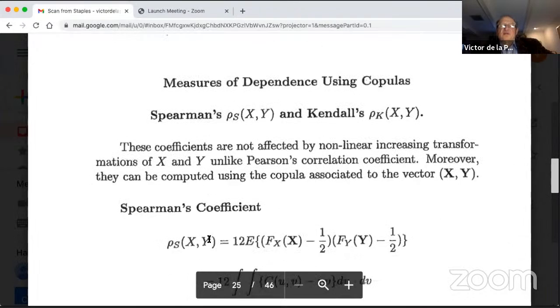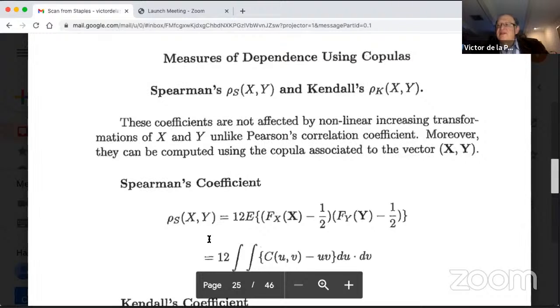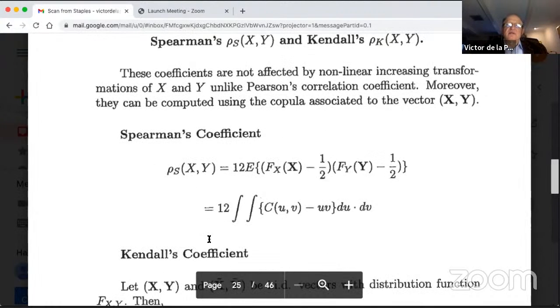So, the measures of dependence using copulas. The appropriate measures of dependence are typically Spearman's rho or Kendall's tau. So what is Spearman's rho?